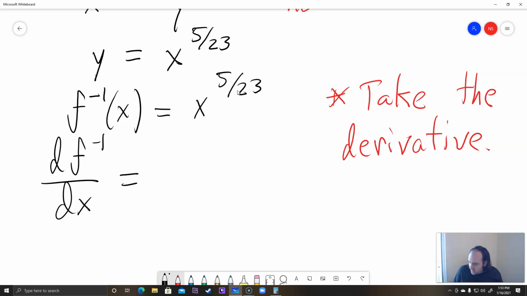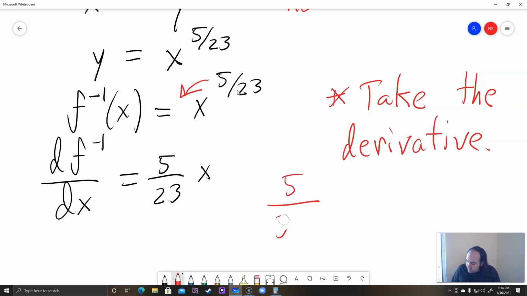Okay, so remember with the power rule, you bring the exponent out front. So the 5 over 23 comes out front. And then you decrease the exponent by 1. So you subtract 1 from the exponent. Okay, so we're actually going to have 5 over 23 minus 1.